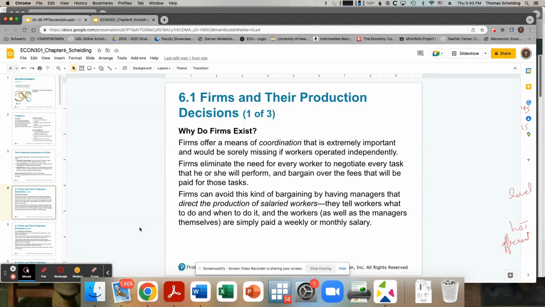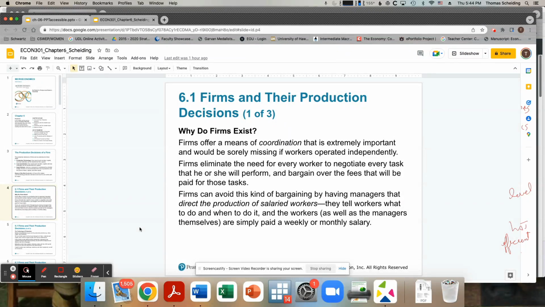So in IO, or industrial organization, the idea was that the firm exists because it basically solves a pretty big coordination problem. If people just produce stuff on their own without any kind of corporation or business directing their activities, things would just be very uncoordinated.